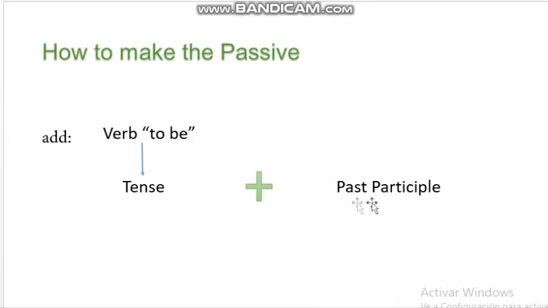What does it mean? That a sentence in passive form has to have the verb to be in any tense plus the past participle. And don't forget that the past participle is the third column of the verbs. Yes?